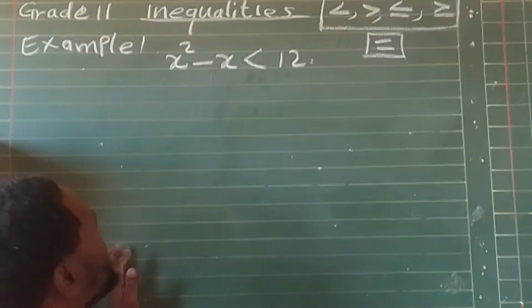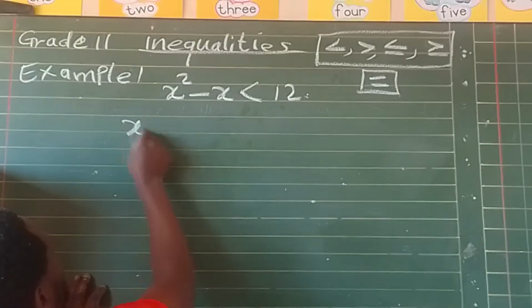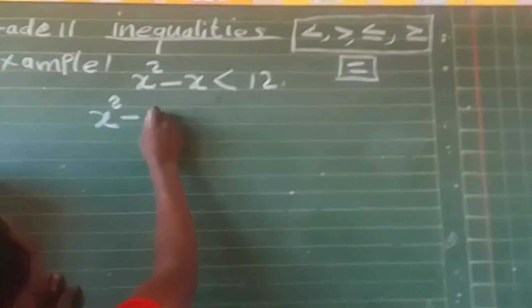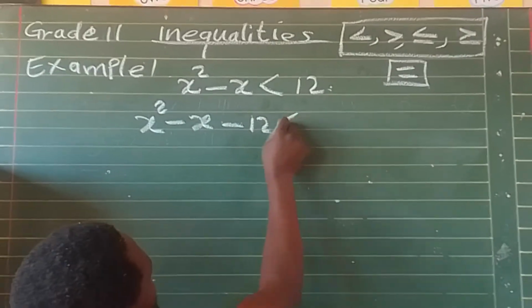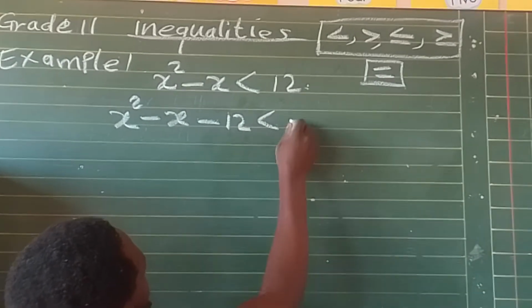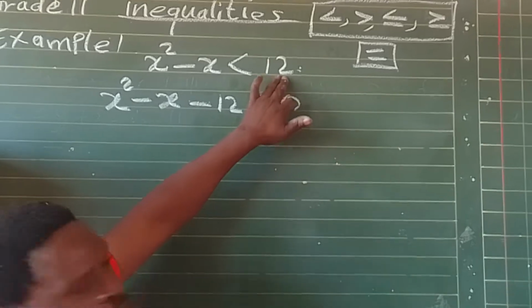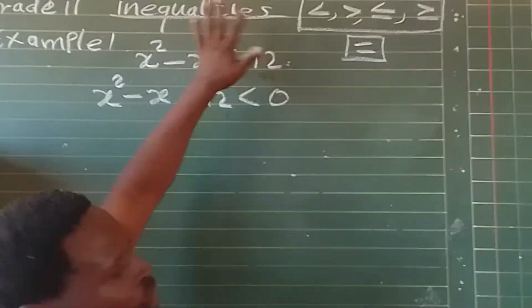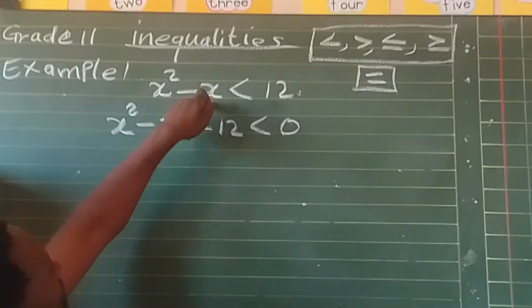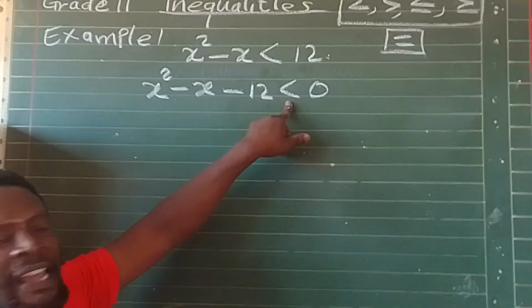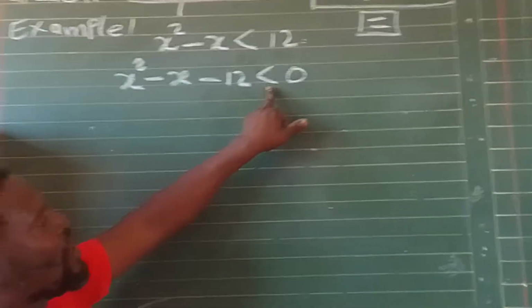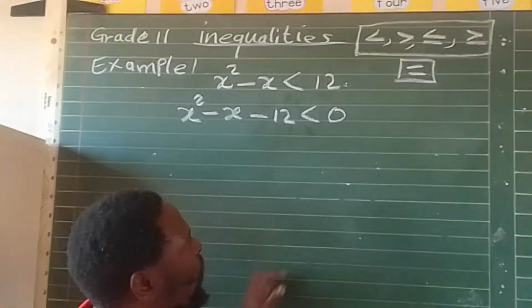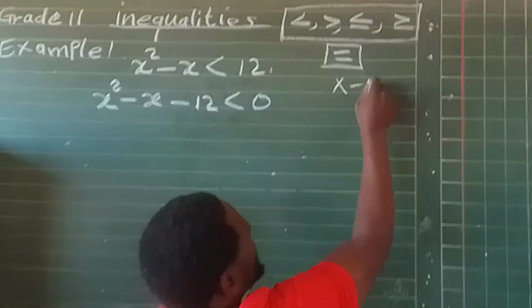Let's make our life easier. You can convert this into x squared minus x minus 12 is less than or equal to 0. Now we have taken our 12 on the right hand side to the left hand side, and our sign does not change. The only time when our sign of inequality changes is when you multiply by -1.